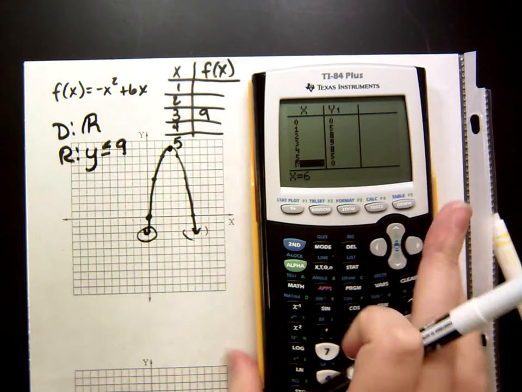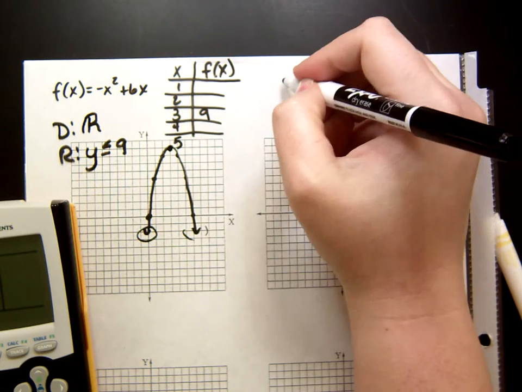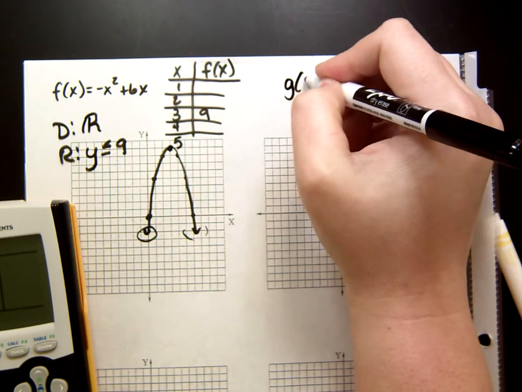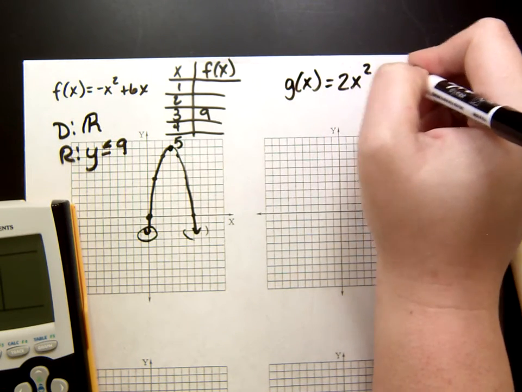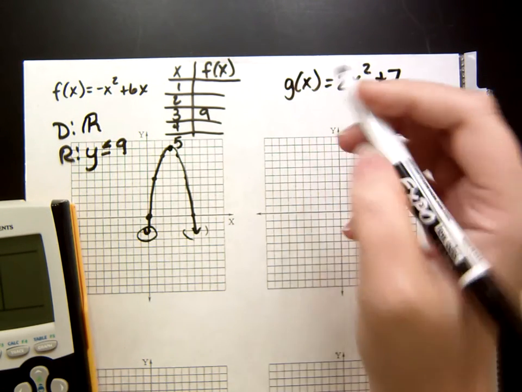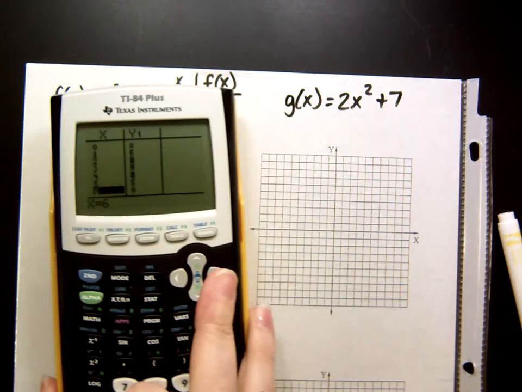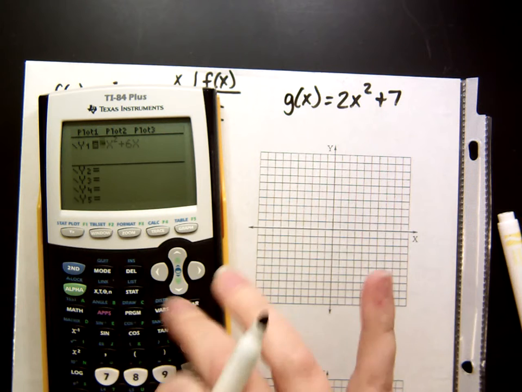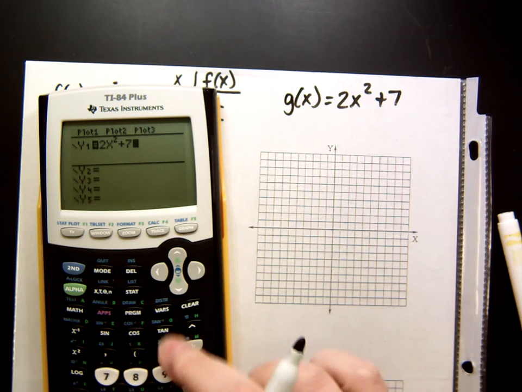So the other one we had was g of x equals 2x squared plus 7. We've already looked at some of the information on that, so I'm just going to go ahead and type it in, 2x squared plus 7, and then graph it.